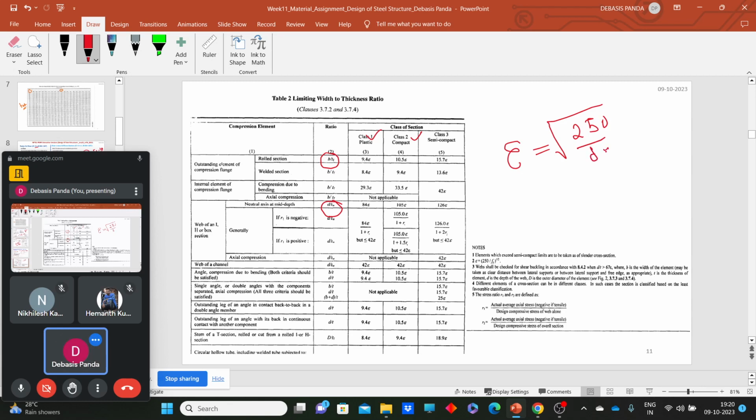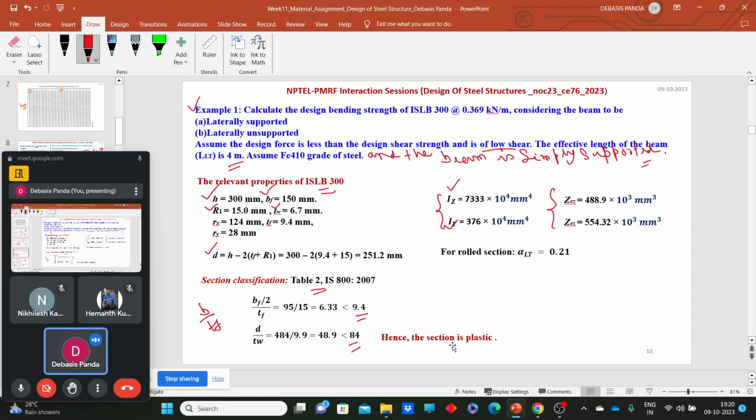For our case, Fy is 250, so that becomes 1. So we need to check that our B by TF, where B is half of the width of the flange, and D by TW are well within 9.4 and 84 or not. Here we can see that yes, the values are well within 9.4 and 84. So we can say yes, the section is plastic.